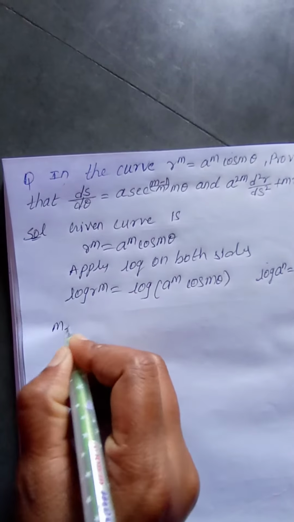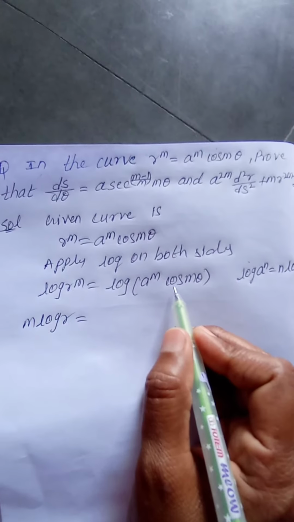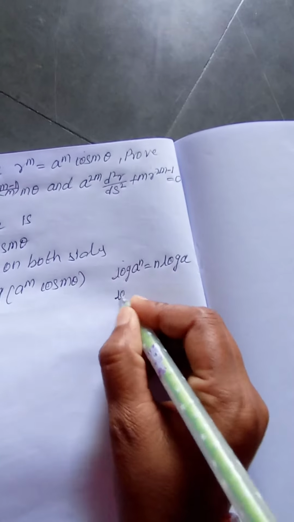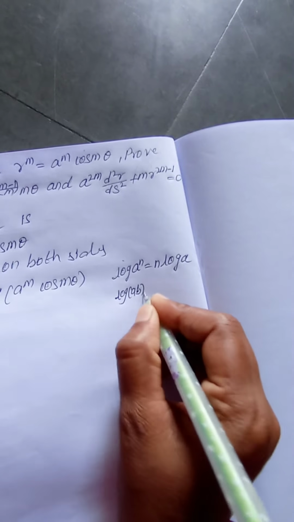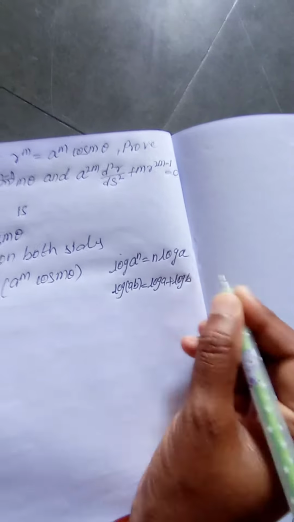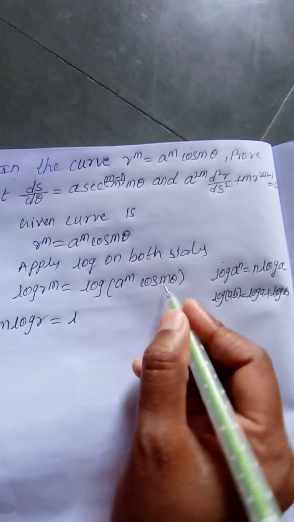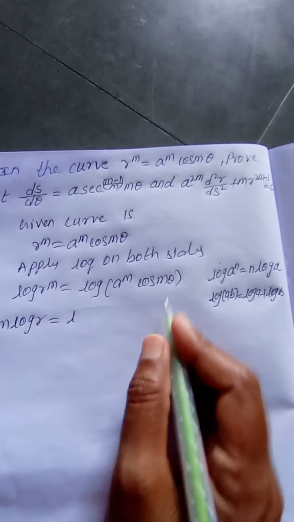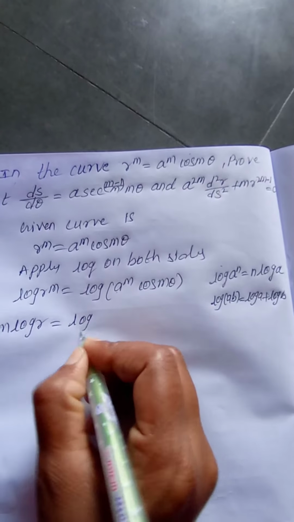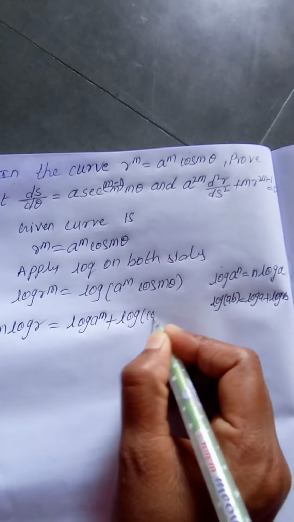So m log r. The right side is in the form of log ab. So we know the log ab formula: log a plus log b. So here a to the power of m is a, and cos m theta is b. Log a to the power of m plus log cos m theta.